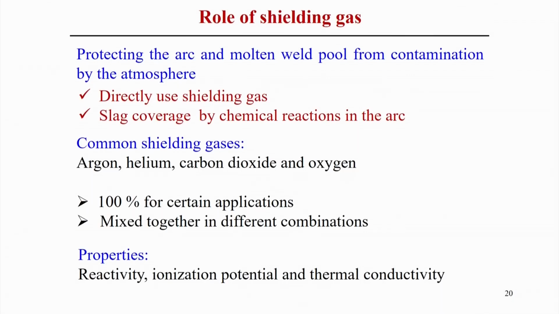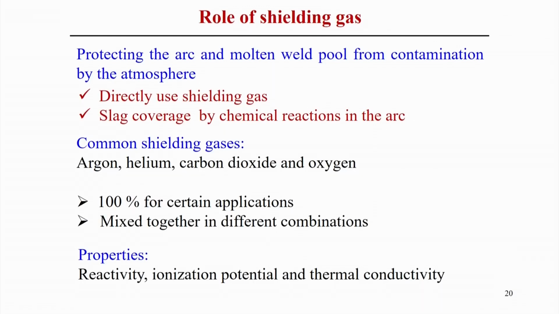That means we can create a slag coverage by the chemical reaction of the arc. So, these are the two ways to protect the molten pool.